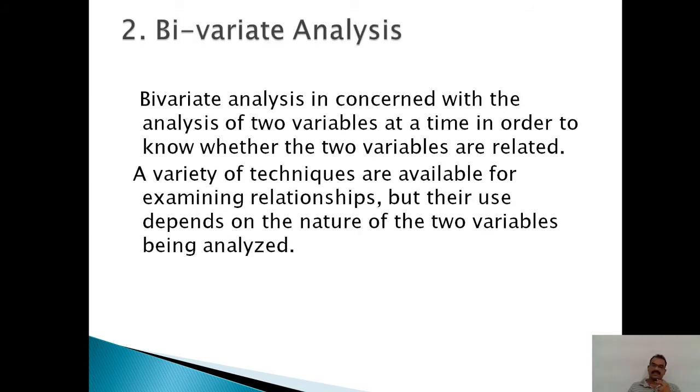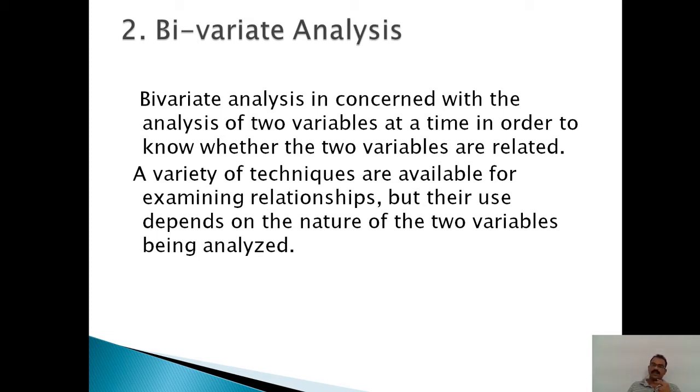Bivariate analysis. Bivariate analysis is in connection with the analysis of two variables. Bivariate analysis is concerned with the analysis of two variables at a time in order to know whether the two variables are related. We are analyzing two variables at a time, but the purpose of analysis here is to know whether the two variables are related or not.